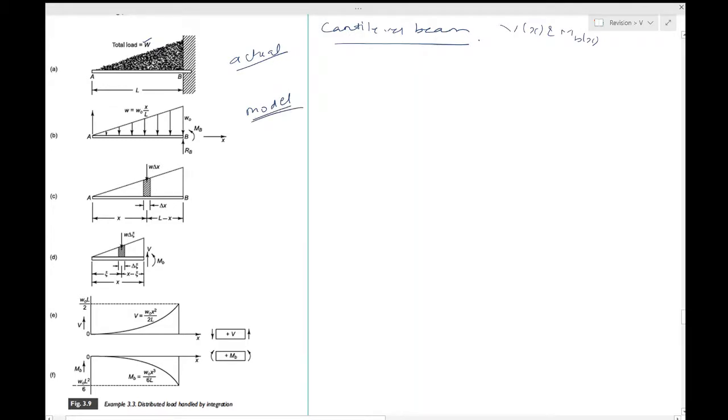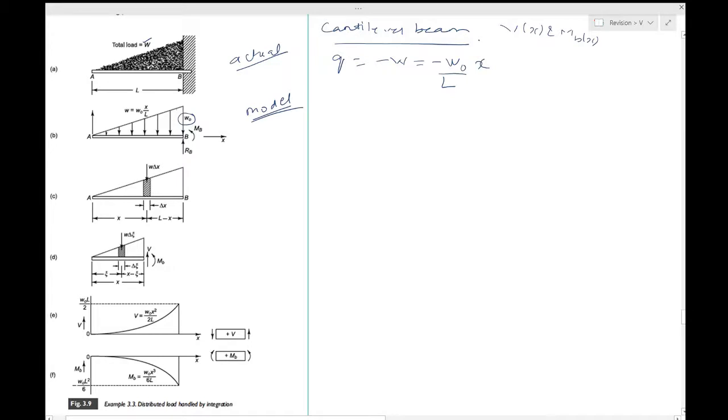You have a linearly varying distribution which is shown as q equal to minus w naught by L into x. q is the intensity, remember. So w naught is this pressure, and this is very much like the hydrostatic pressure in the example which I had given. This is your w naught, and it starts from 0 and reaches up to this value w naught.